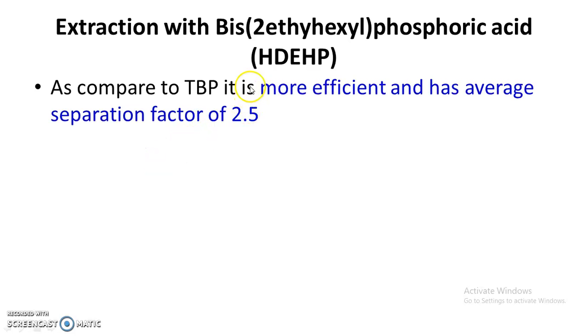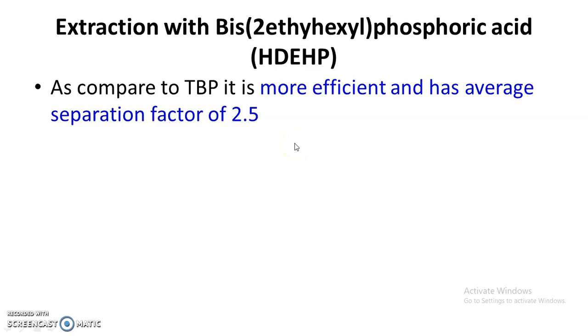Now this solvent, bis 2-ethyl hexyl phosphoric acid, is more efficient as compared to tributyl phosphate, and it has an average separation factor of 2.5. You know that when the separation factor alpha is exactly equal to 1, then separation is very difficult, and when the separation factor deviates from 1, if it is less than 1 or greater than 1, then separation will be easier.